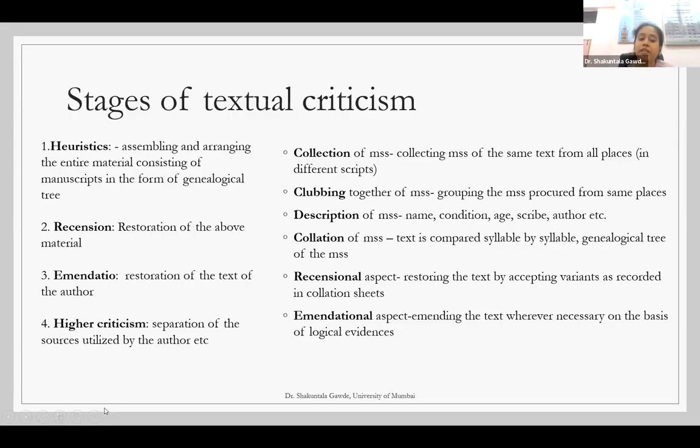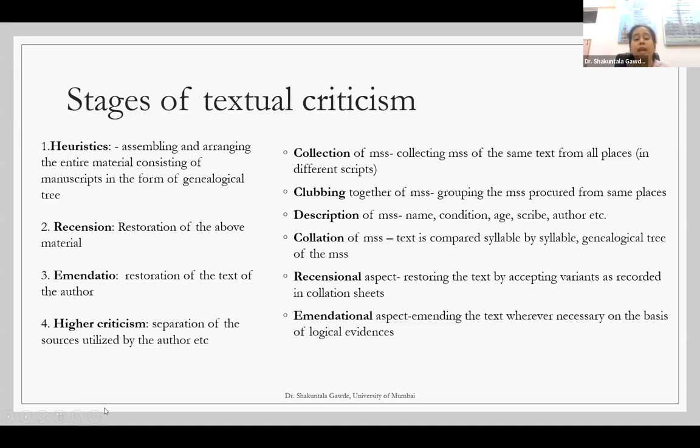Here all the manuscripts need to be compared. Okay, all the manuscripts, because suppose there is the first sutra, atha yoganushasanam. Okay, if it is the beginning of the Yoga Sutra, is it really the beginning of the manuscript in all the copies, or are they starting with some benedictory stanza like Om or Shri Ganeshaya Namaha, or is some different sutra there, or atha yoganushasanam, are they dropping any word or are they adding any word?